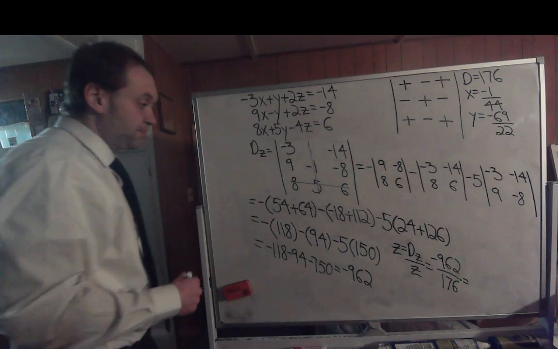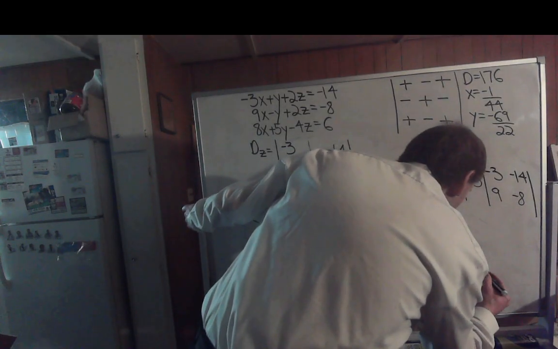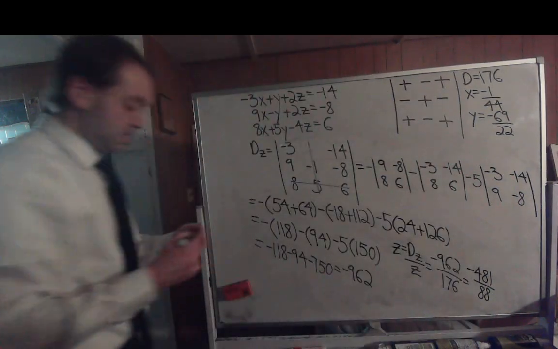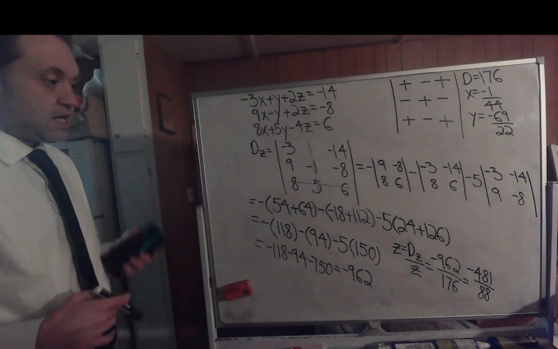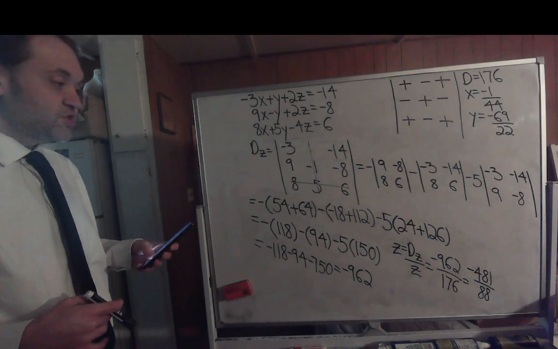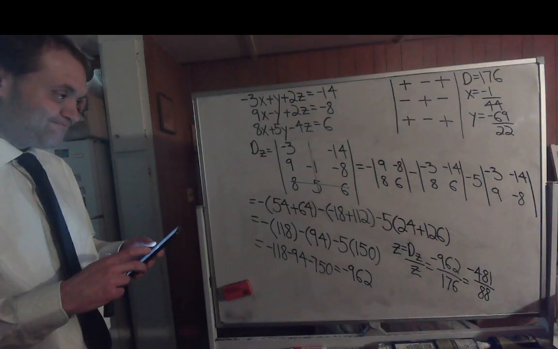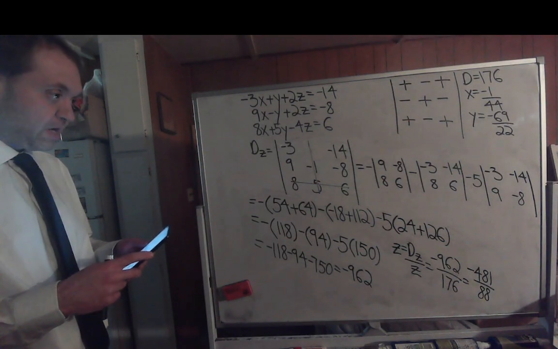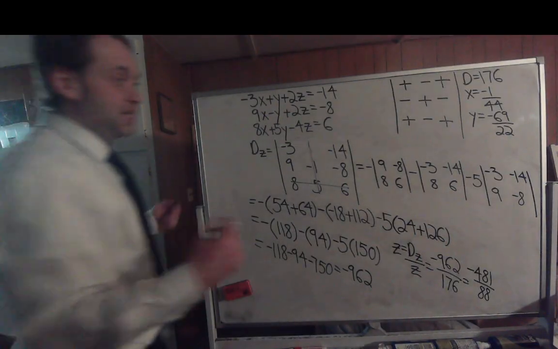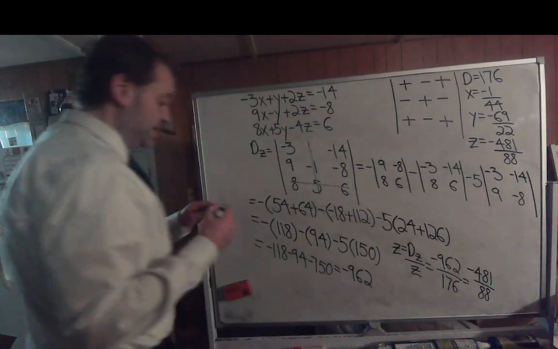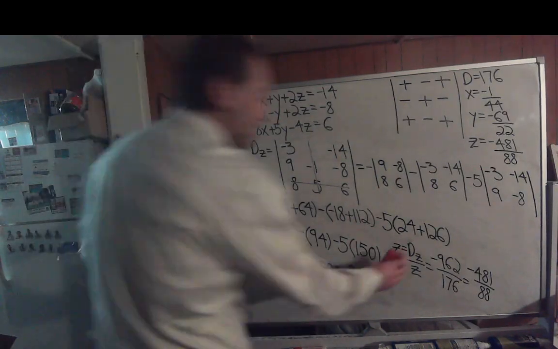So let's see. So we start with negative 481 over 88. Can this factor any further? I sure hope so. Looks like we're stuck with z having a value of negative 481 over 88. So that's pretty hideous, but that's exactly what it is.